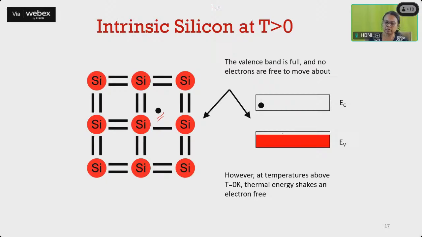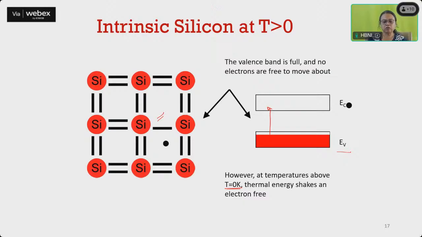It was earlier in the valence band; now it has gone to the conduction band, and it can move through the lattice of silicon. As the temperature increases, the thermal energy shakes more electrons free and the conductivity increases. So this is intrinsic silicon.